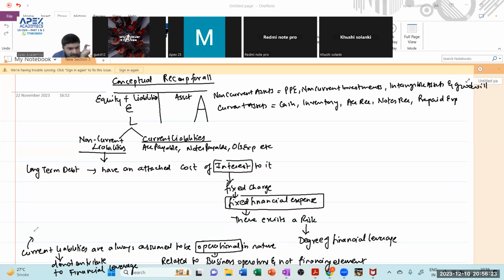Current liabilities are not a source of financing. They are related only and only to the business operations.